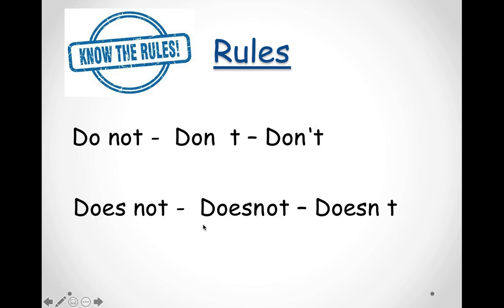So we can practice this again. Does not, I will put both the words together. Can you see? Does not. There's no finger space between. Then I will take the letter O away from the word not, and I will replace it with an apostrophe. Amazing work. So you can always pause the video over here and you can practice again.